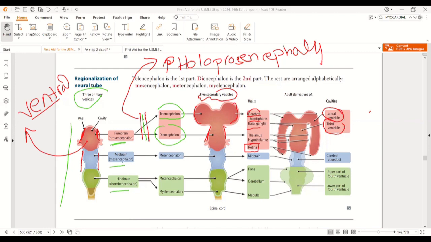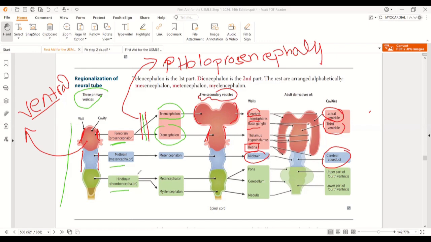Okay. So the mesencephalon has only one secondary vesicle, and it gives rise to the midbrain. What will be the cavity of the midbrain? It is the cerebral aqueduct, right? One high yield pathology related to this is cerebral aqueduct stenosis. We will discuss cerebral aqueduct stenosis in detail, right?